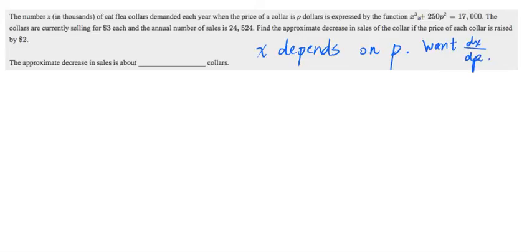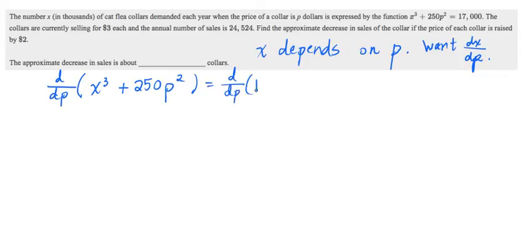In order to do that, because X is not explicitly solved for, and I don't really want to solve for it, I'm going to take the derivative with respect to P of both sides of this equation: X cubed plus 250P squared equals the derivative with respect to P of 17,000.